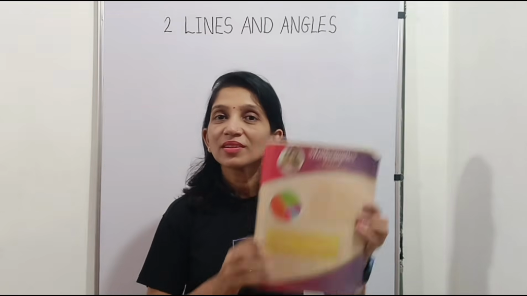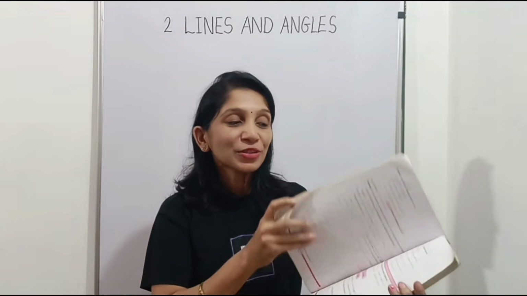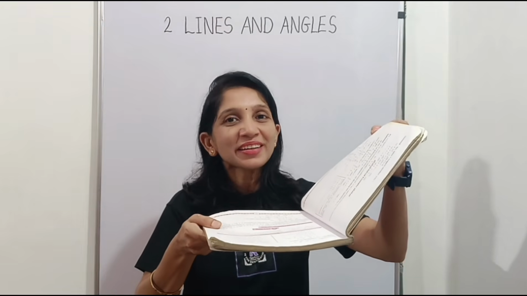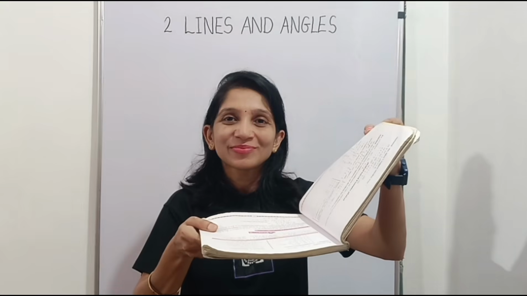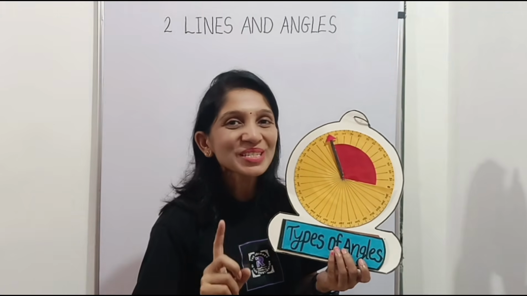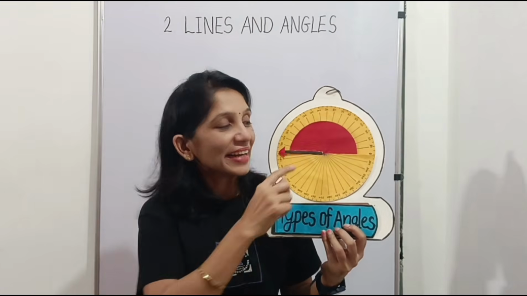Example, when I open this book wide to read, both arms are making a wide opening. That is an obtuse angle. Too wide. Got you obtuse. Suspect 5, 180 degree.